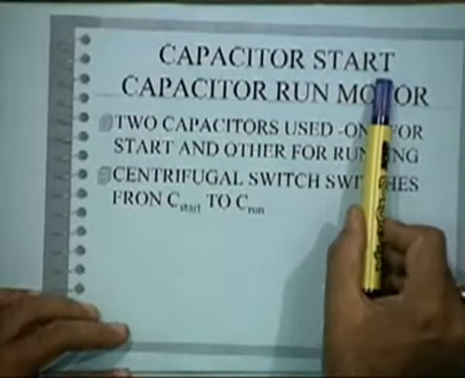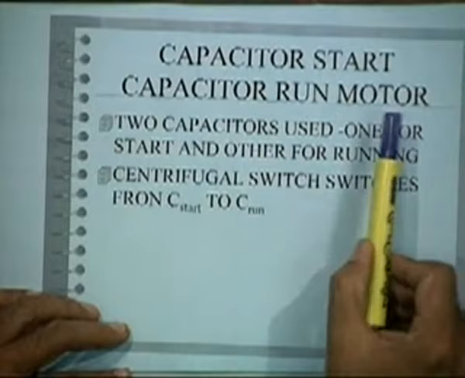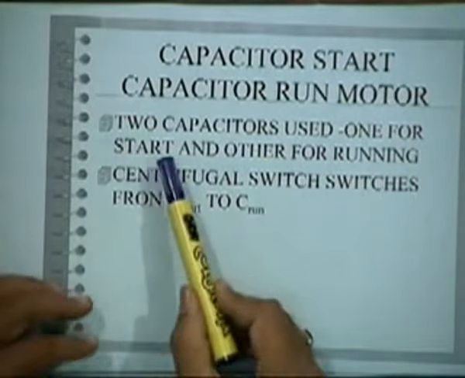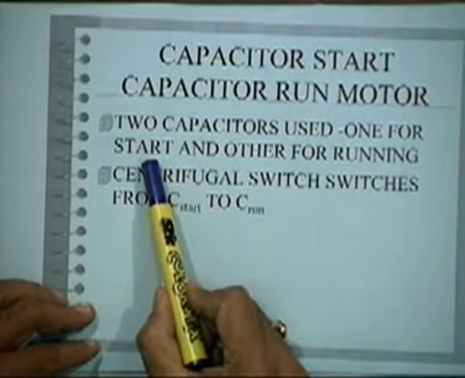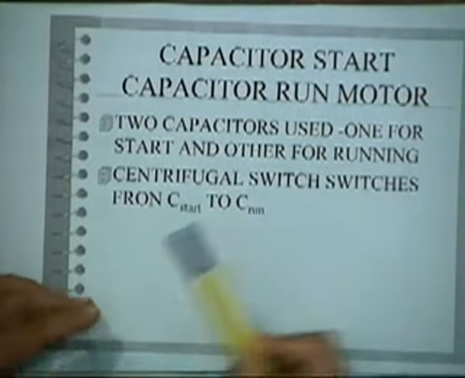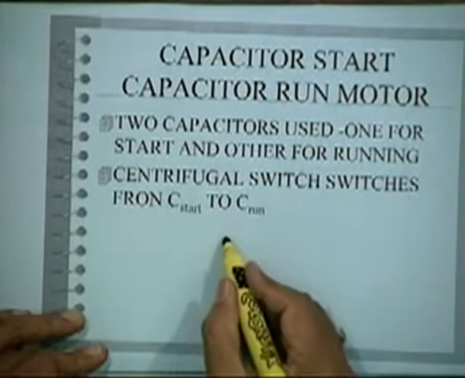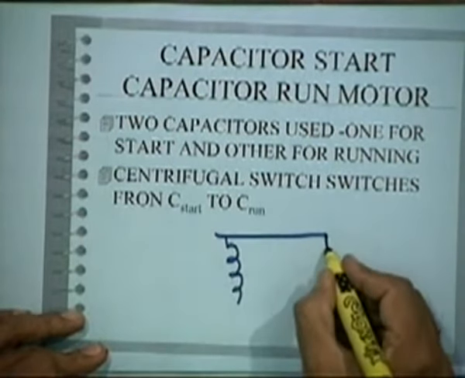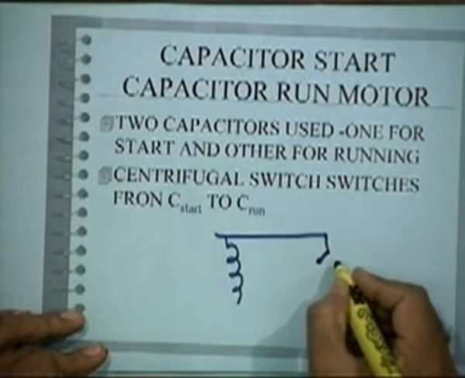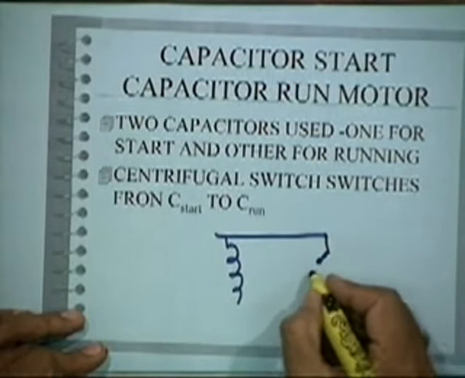Then the third type is called a capacitor start, capacitor run motor. So you use two capacitors, one which is best for start and another which is best for running. You have a connection like this. You have a switch, and you can put it either here or here.